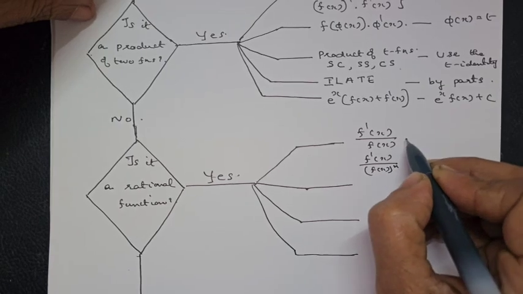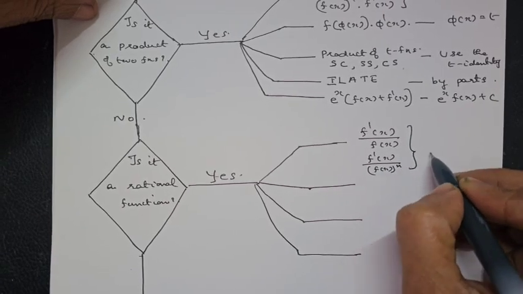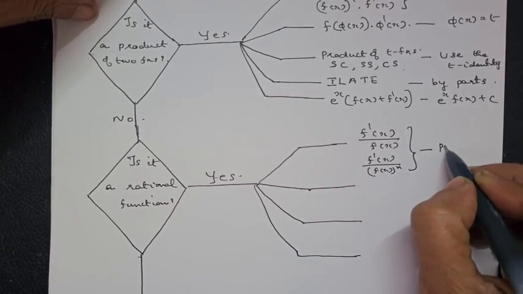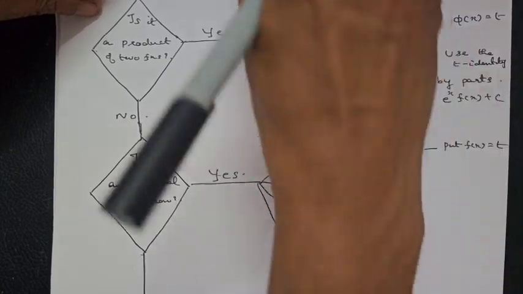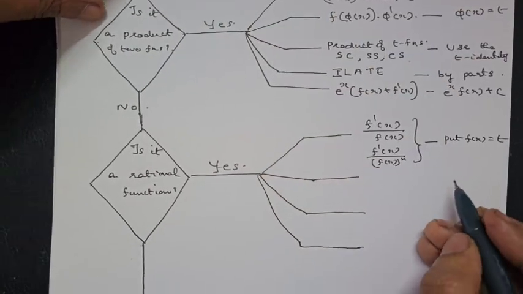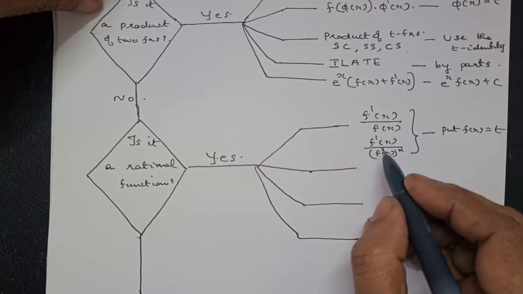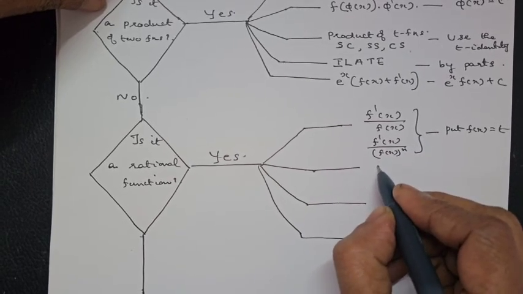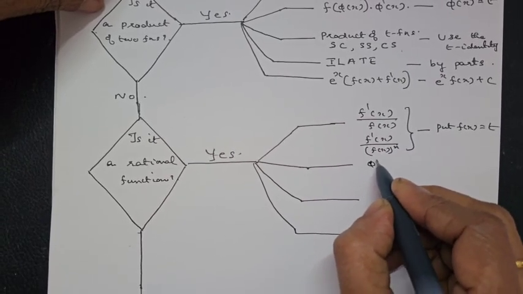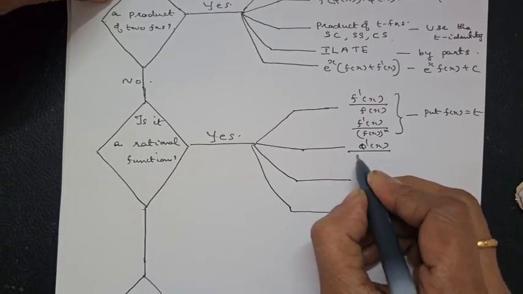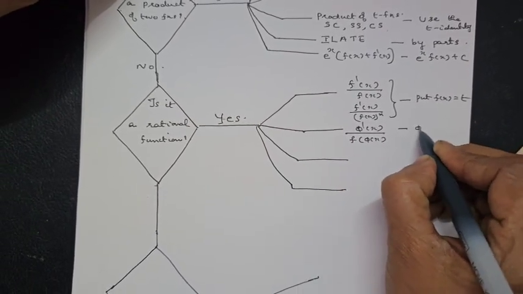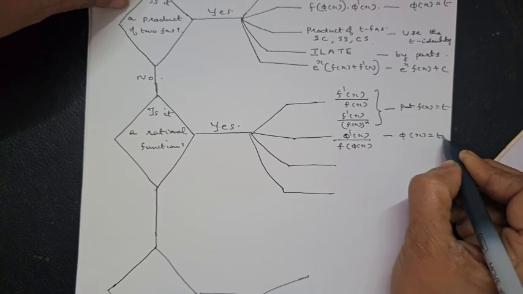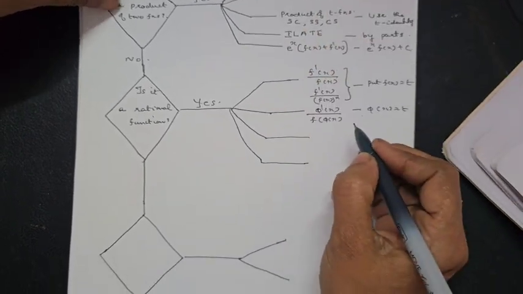In both cases, put f of x is equal to t, then this will be converted into the first standard format. Or it can be phi dash x by f of phi x. Then put phi of x is equal to t, and it will be converted into the standard form.